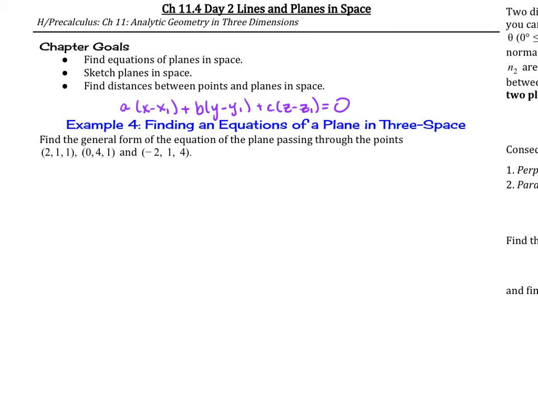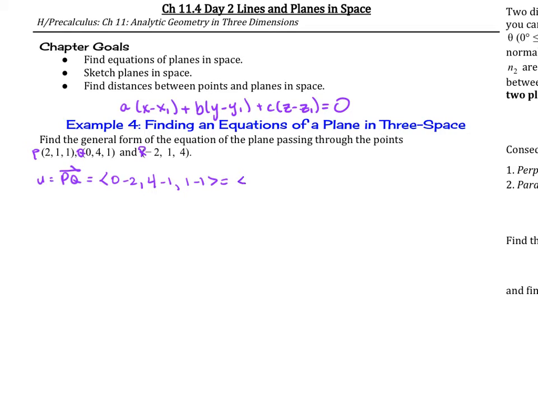To do that, let's label these points P, Q, and R. Let's say u is going to be the vector PQ. This is the terminal minus the initial, so this is 0 minus 2, 4 minus 1, and 1 minus 1.